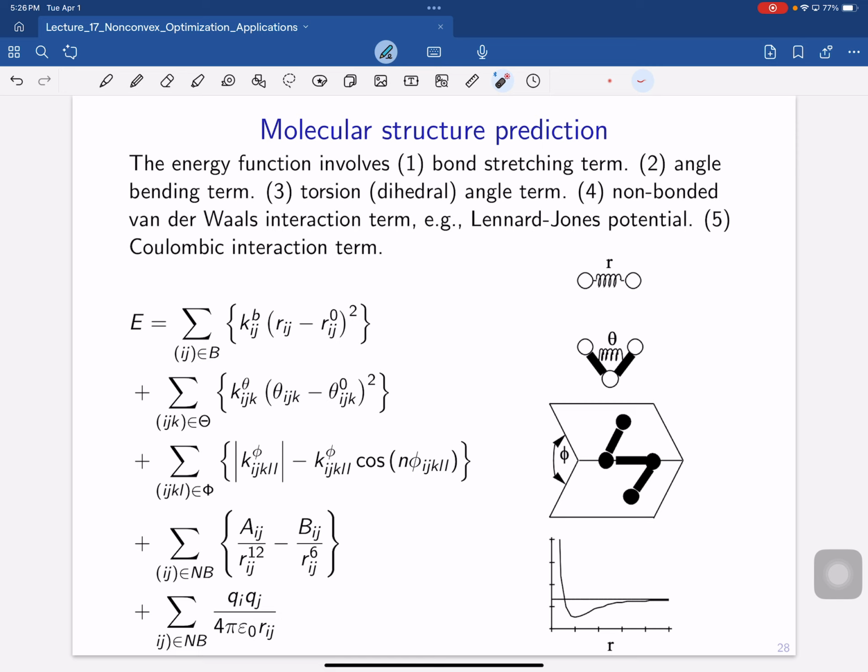If you use these force fields, essentially this is a non-convex optimization problem. If you can solve this to global optimality, then you can get the minimum energy structure of the problem. Of course, this problem is very, very hard to solve to global optimality. It's very highly non-convex.